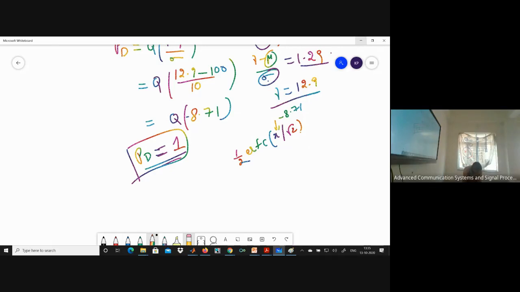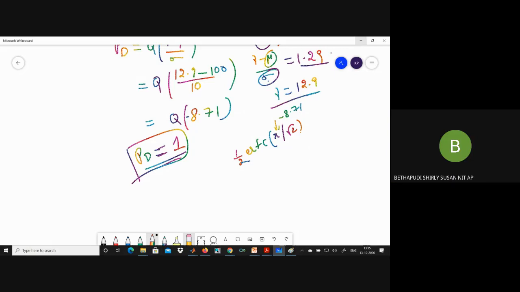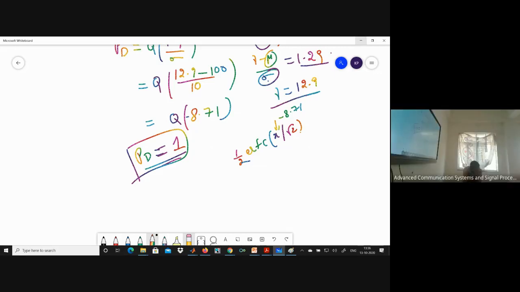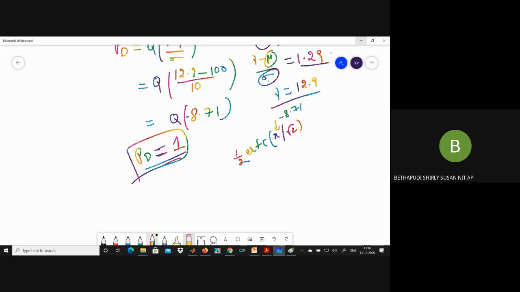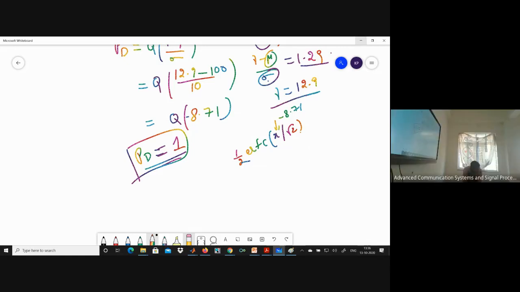From the example we have done, what can be concluded? For the single sample case, what conclusion did we draw about the NP detector? The probability of detection is lower, but here the probability of detection increased to 1 in the case of multiple samples. So can we use the NP detector now? Yes, sir, because the probability of detection is equal to 1. We just increased the number of samples to 100.